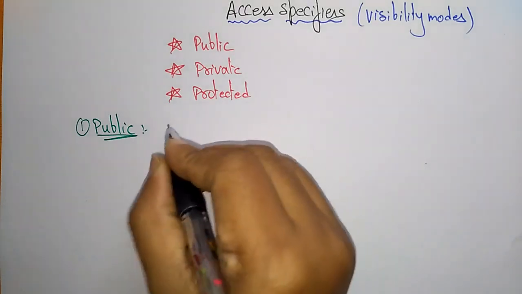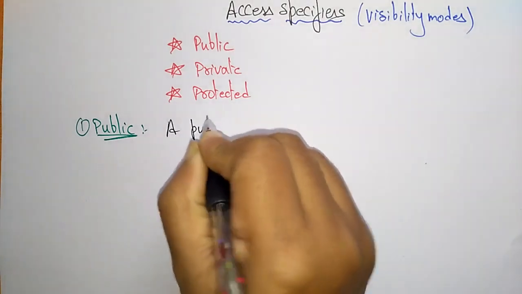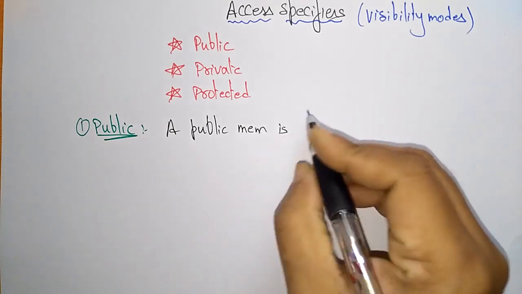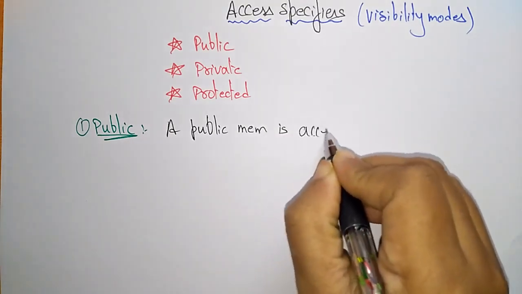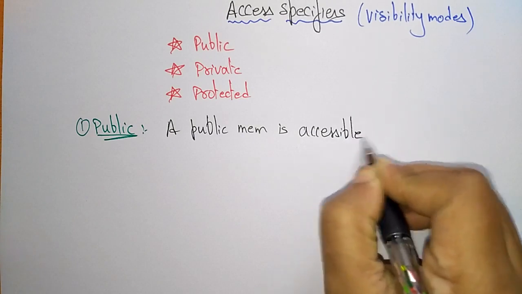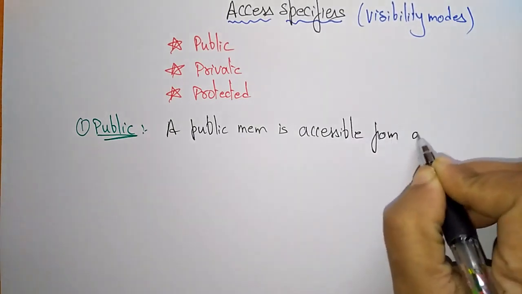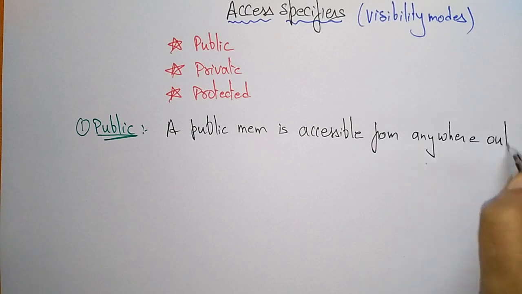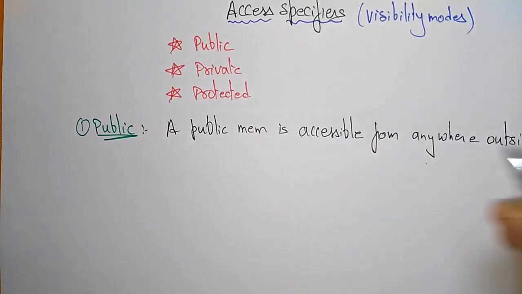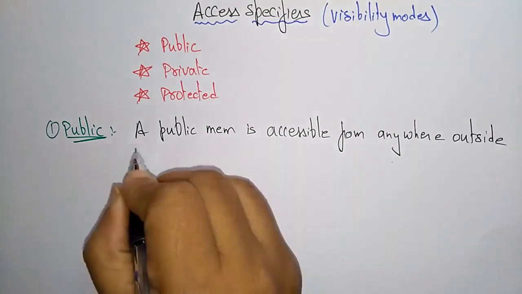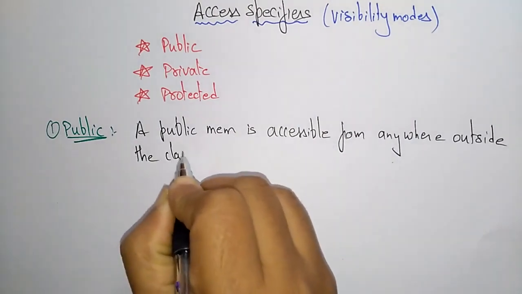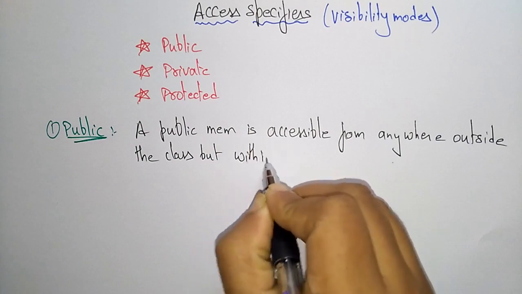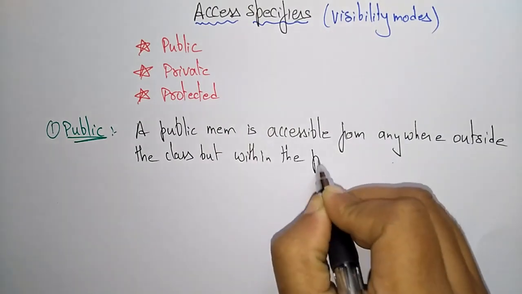A public member is accessible from anywhere, so you can access it anywhere outside the class, but within the program.